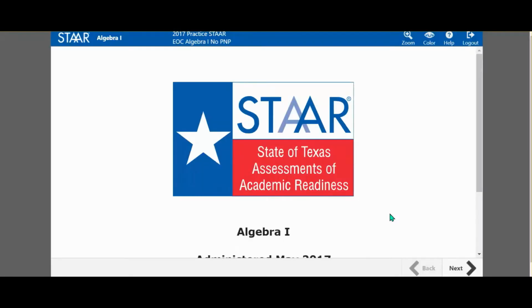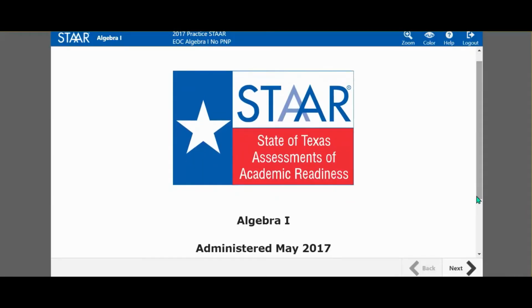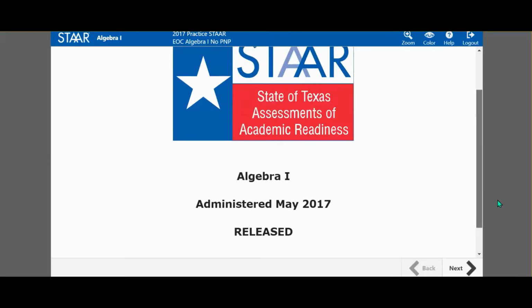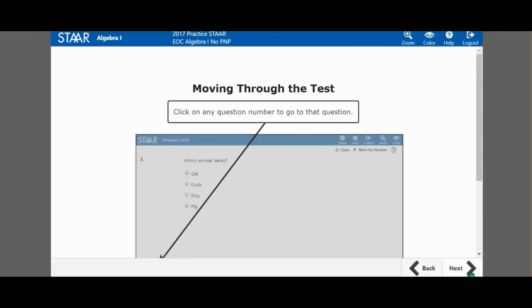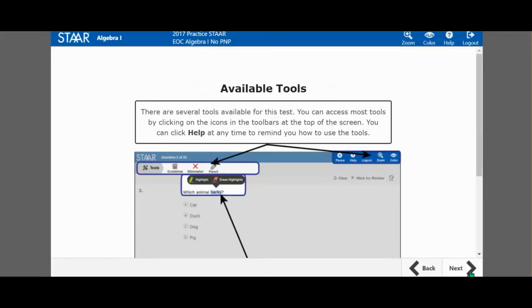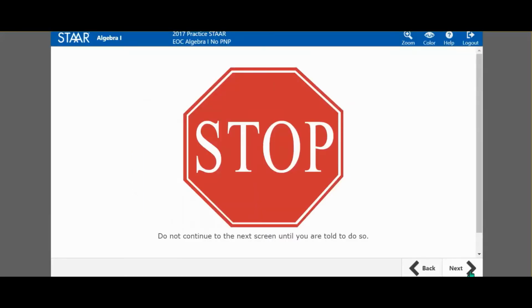It gives you the demo version, the practice STAAR. See, Algebra 1 2017 practice STAAR. Honor statement, agree, next. This just gives you instructions on how to navigate it and the available tools, and then stop.